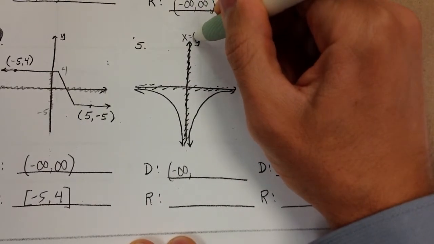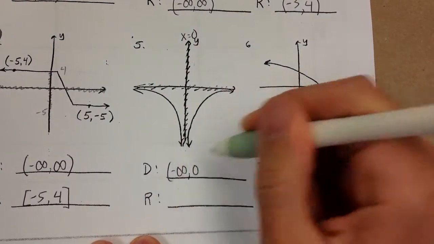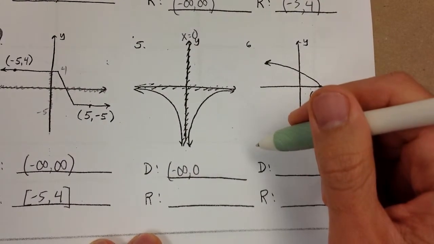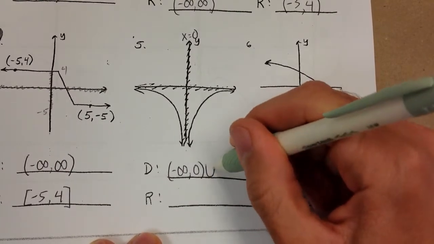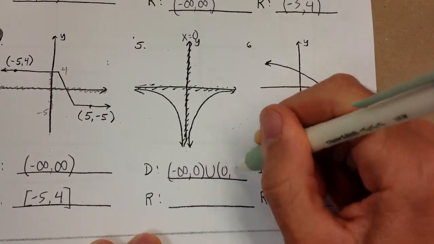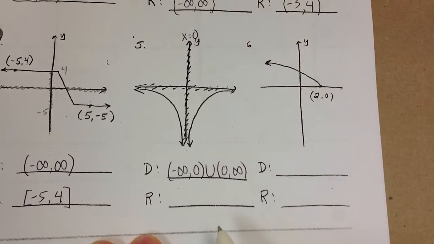Did you say 2? -infinity to 0, good. Okay, -infinity to 0, union with 0 to infinity. We have 2 distinct sections here, so we have to use the union symbol.